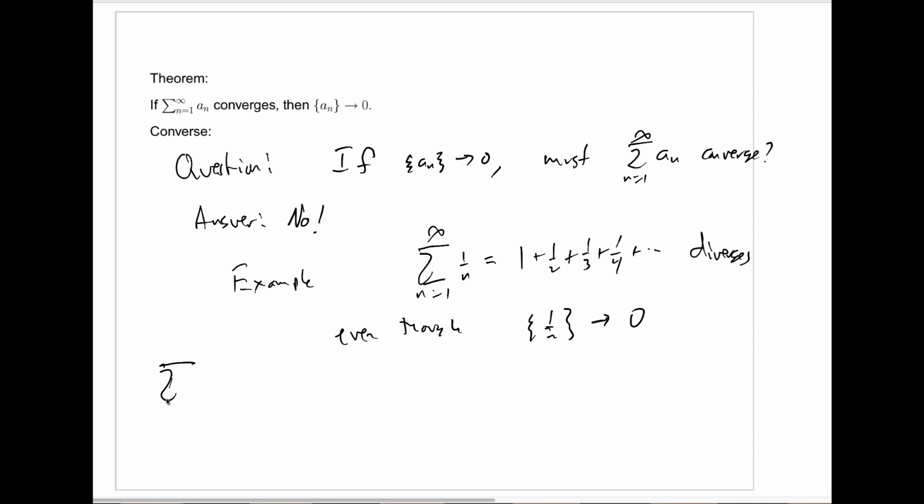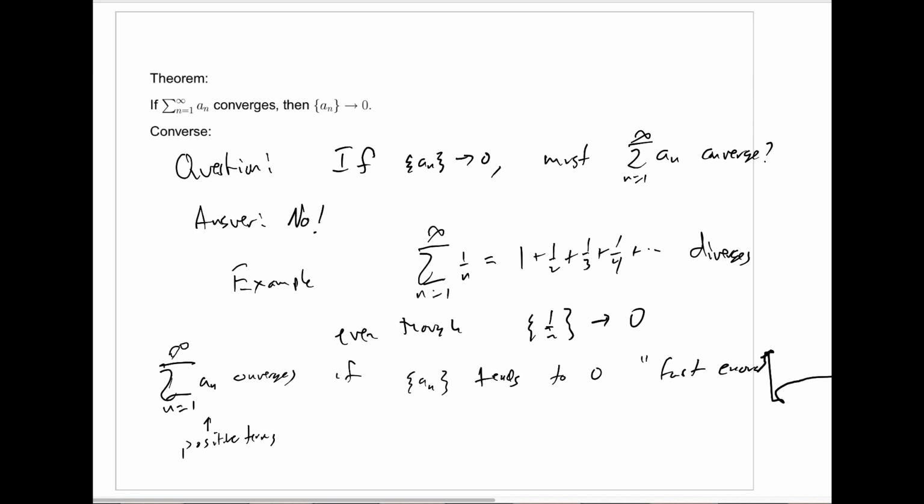So the sum of a sub n, n equals 1 to infinity, converges, and here we're talking about positive terms, if the sequence a sub n tends to 0 fast enough. Now, what does fast enough mean?